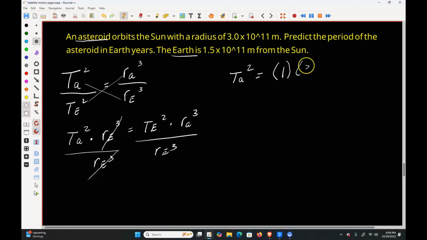So it's going to be 3 times 10 to the 11th power raised to the third power, divided by the radius of the Earth, 1.5 times 10 to the 11th, to the third power also.